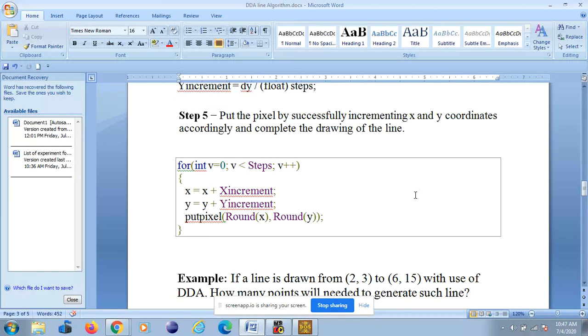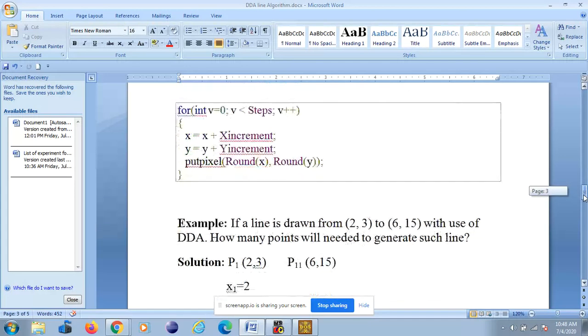In the code, the value starts at 0, and while the value is less than steps, the value is incremented, then x equals x plus x increment and y equals y plus y increment, and then we put the pixel at round x and round y.